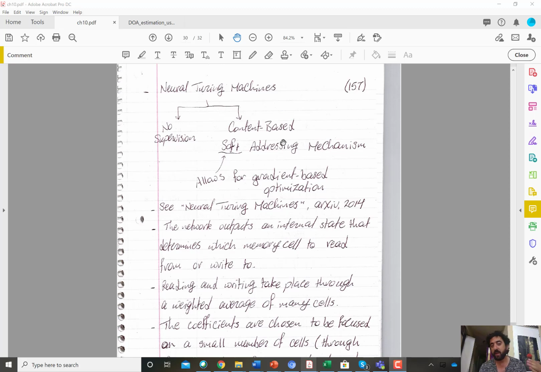And also, very importantly, the addressing mechanism is not location-based addressing, but rather content-based addressing, right? Similar to what we believe we do as humans, right?